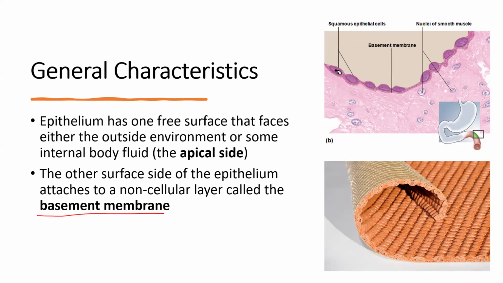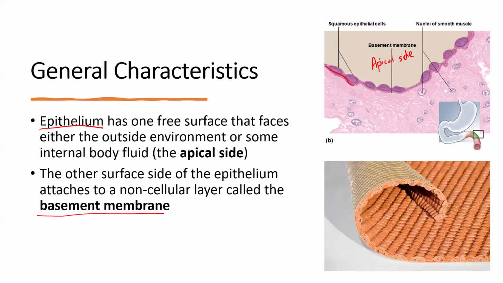So in this picture, we have the cells here that are forming the epithelial tissue. Another word for epithelial tissue is just epithelium. And here, this is the exposed portion. We call that the apical side. Again, it's either outside or, in this case, it is facing the inside of a hollow structure like the intestine.